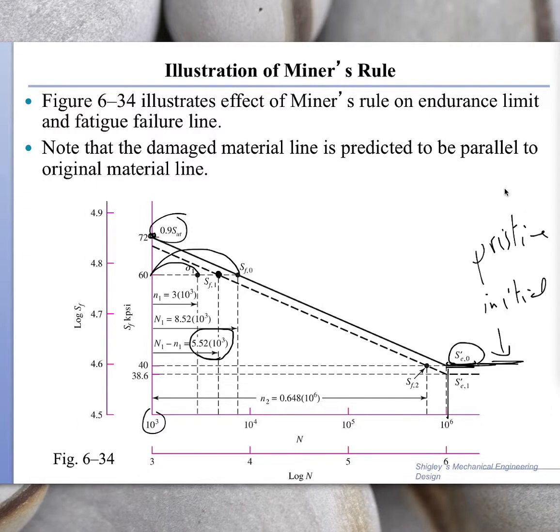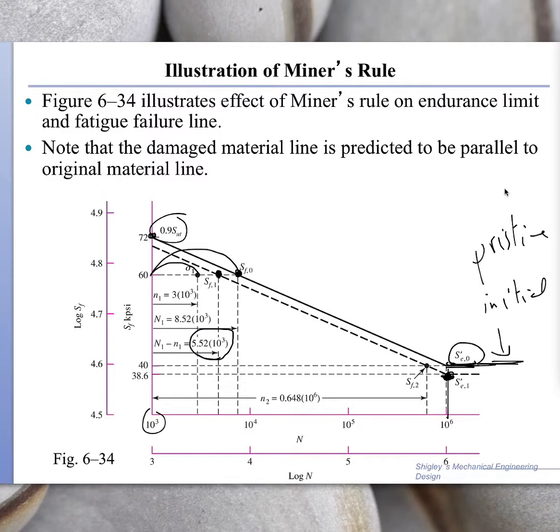So this point shifts. In essence, if I want to reuse the material, I must shift SF0 to SF1. Therefore, I can now reconstruct the SN curve by finding the allowable number of cycles and assuming that I reach 10 to the 6 cycles here.